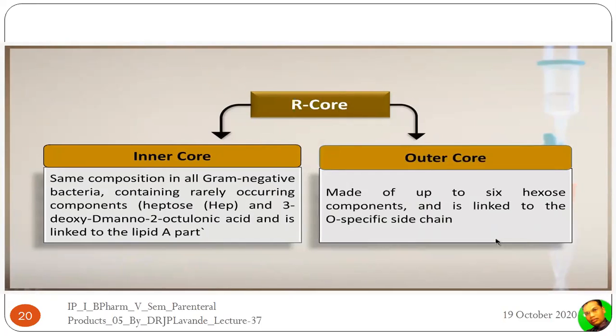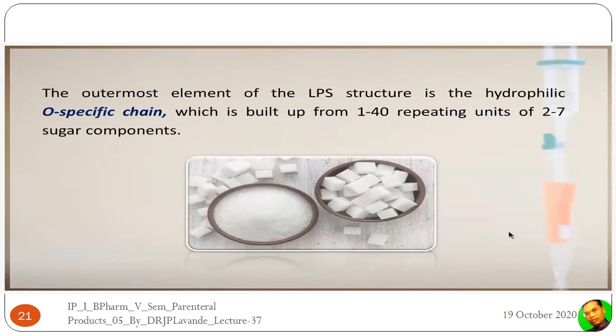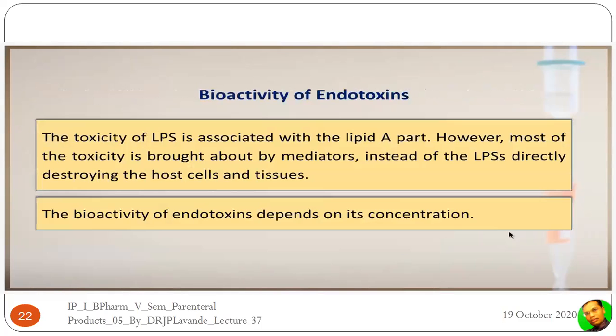Whereas the outer core is made up of 6 hexose components and is linked to the O specific side chain. The outermost element of lipopolysaccharide is the hydrophilic O specific side chain, which is built up from 1 to 40 repeating units of 2 to 7 sugar components.